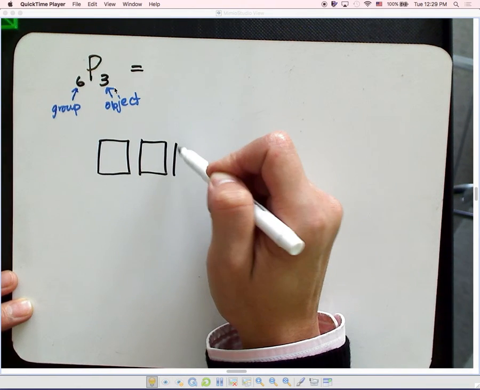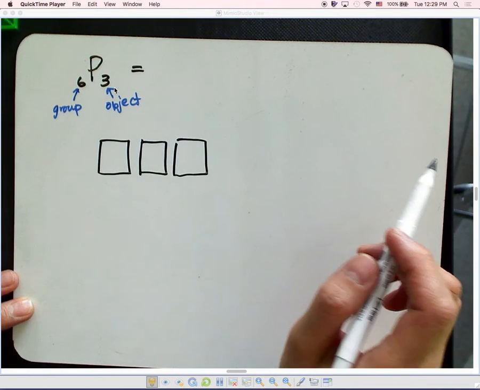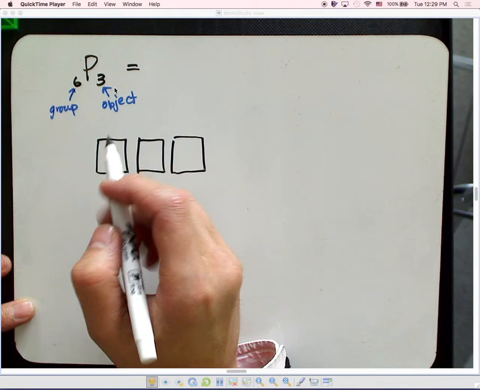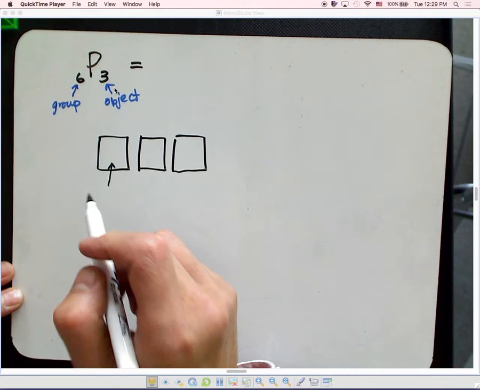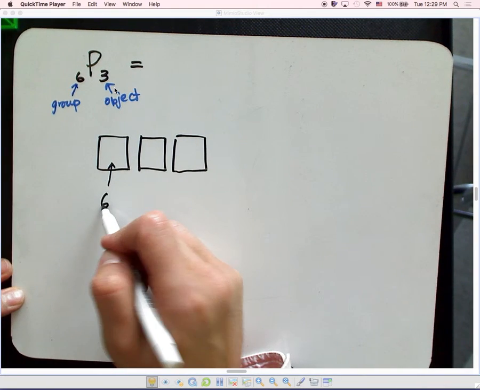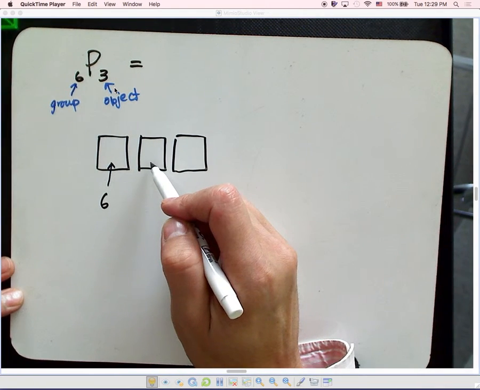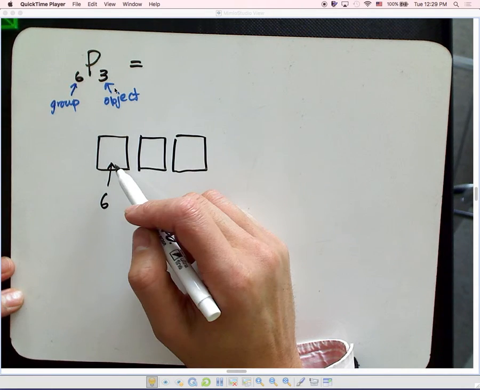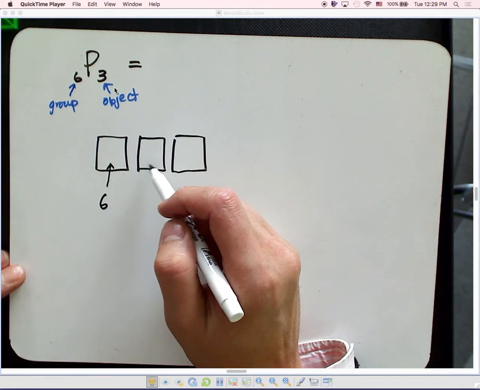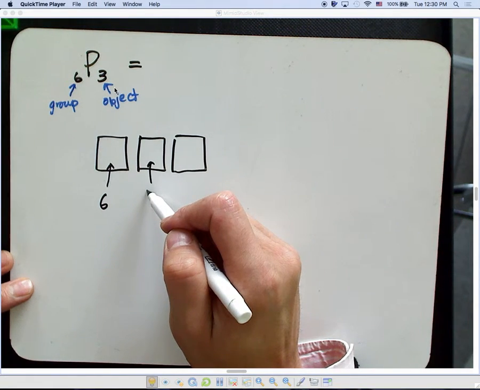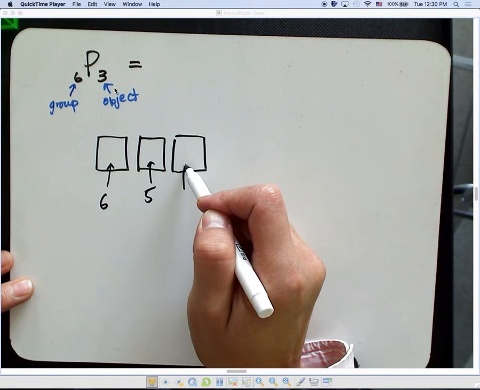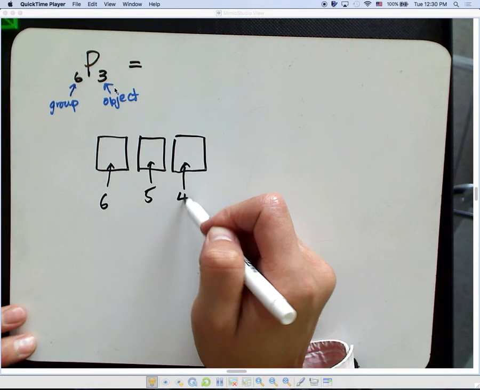You pick 3 items, so that means you have 3 slots. How many choices do you have to fill the first box? You have 6 of them. Once you pick 1 out of 6, for the second box we only have 5 choices, and then for the next one we only have 4 choices.